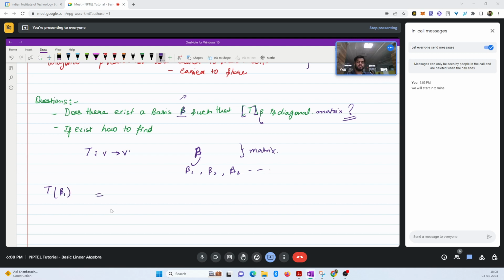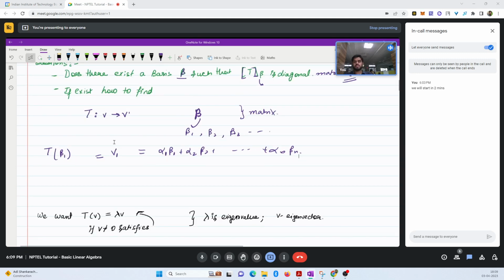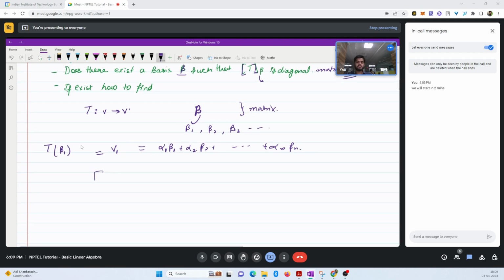Let's say it came out to be v1. Then you write v1 in the form of alpha 1 beta 1, alpha 2 beta 2, and so on. And what would be the first column of the matrix? The first column would be alpha 1, alpha 2, and so on, up to alpha n. So this is how your matrix representation works.